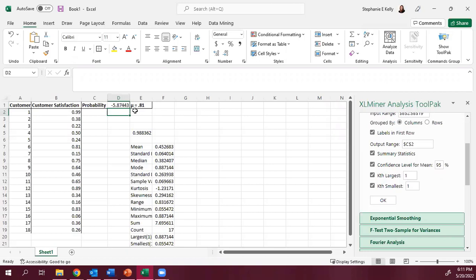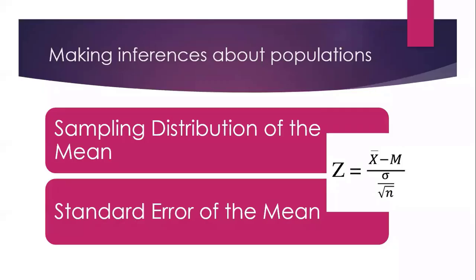Remember, we know that over 99% of our values fall between -3 and +3 standard deviations. Well, how can this be? Well, our average satisfaction for this particular store or this particular sample is less than half the mean of the population. That means we've got a lot of outliers here that pull the score really far down. Now, how does this reflect what we're talking about?